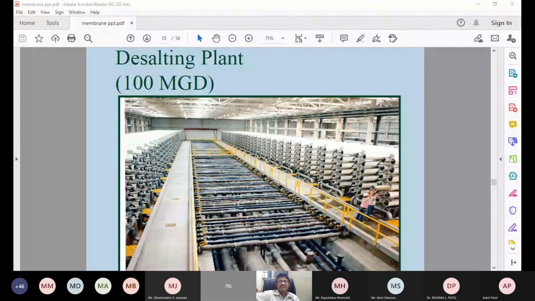They have this type of desalination plant, and in the Gulf countries the whole water system is taken from the sea. They are using this type of RO systems, desalination plants, and the whole city is getting this water.